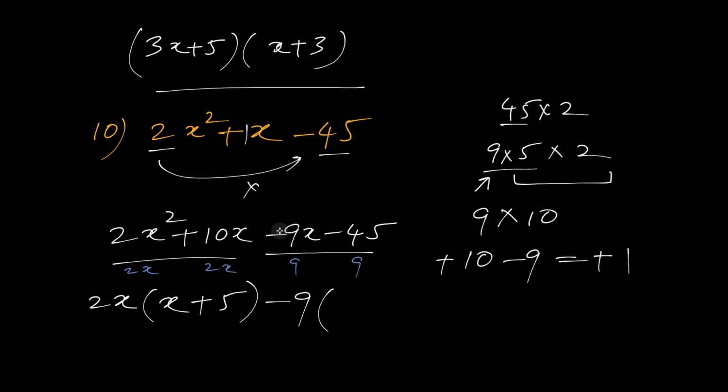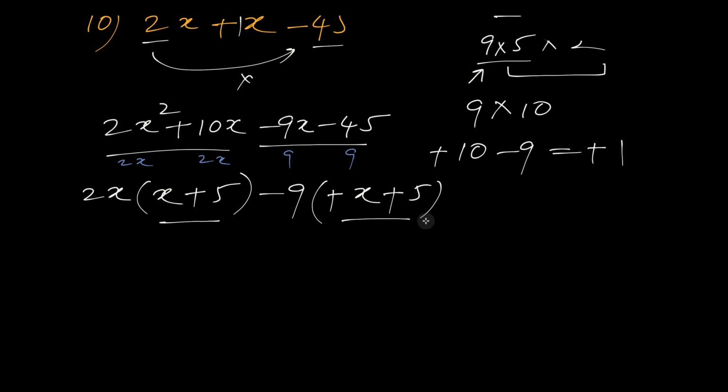So if we multiply minus with minus, it is going to be a plus. Now 9 is gone, so it is x which is remaining, and this is again minus we have taken outside, so I'm going to keep plus. 45 divided by 9 is going to be 5. Now we can see this is the same format.